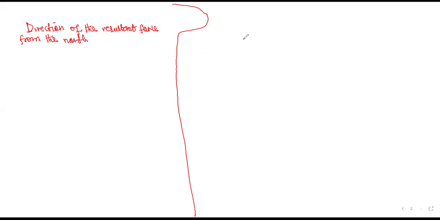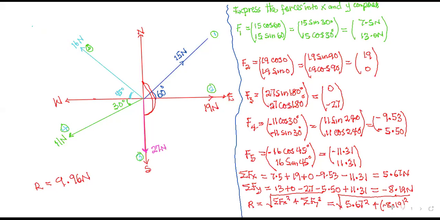Okay, let's see it. In determining the direction of the resultant, I have to represent summation x and y on the Cartesian plane. From what we had, summation x is positive, summation y is negative.